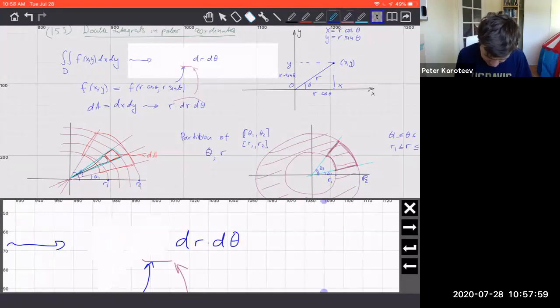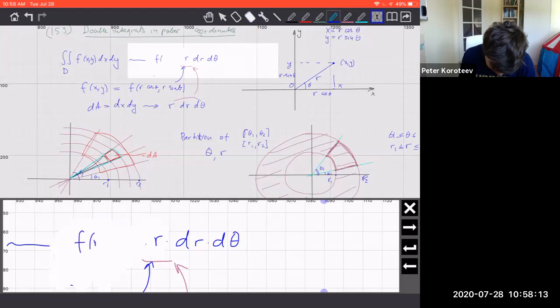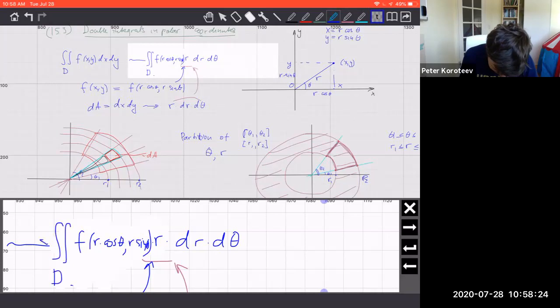We can write it as a double integral of f, well, f of, need more space. So first write r here, then it's f of r cosine theta, r sine theta times r, double integral.